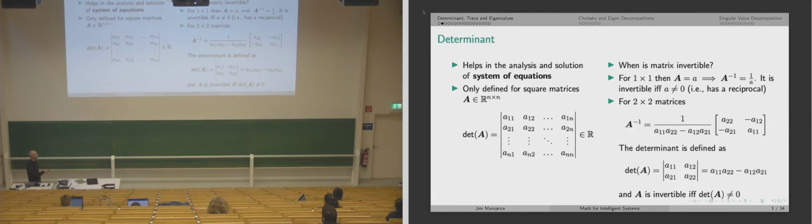And if it's not invertible, so we had a bunch of different names for not invertible. What did we say? The matrix is singular. There's a bunch of different names. Yeah, so the determinant would be 0.